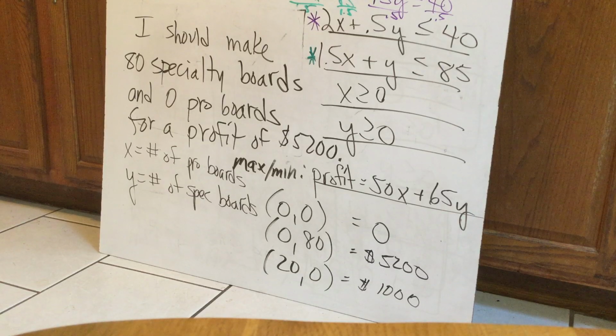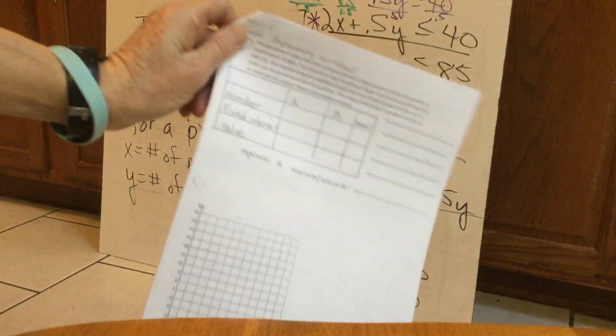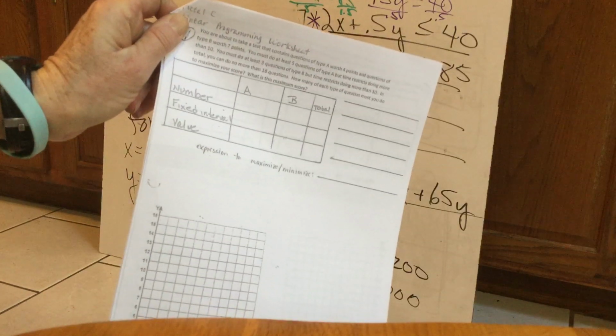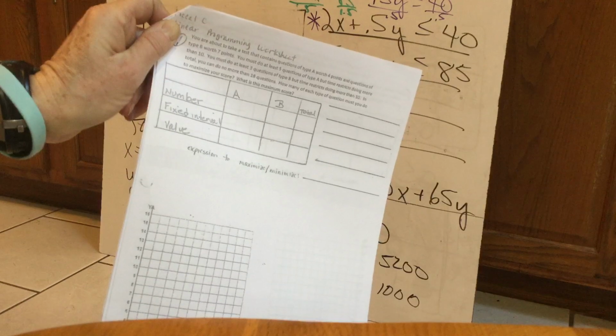You can print them off or put them in Notability or whatever you want. But I am looking at the one called Linear Programming Worksheet. A paper called Linear Programming Worksheet, and it looks like this.